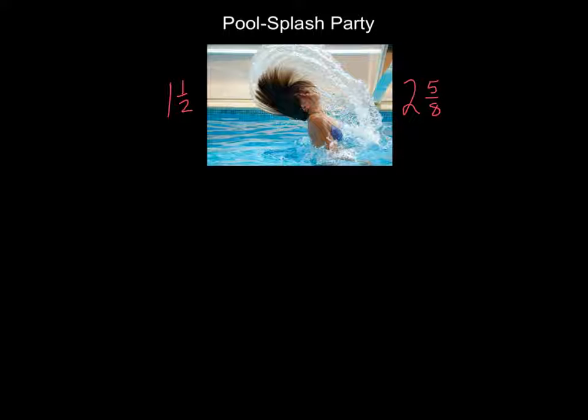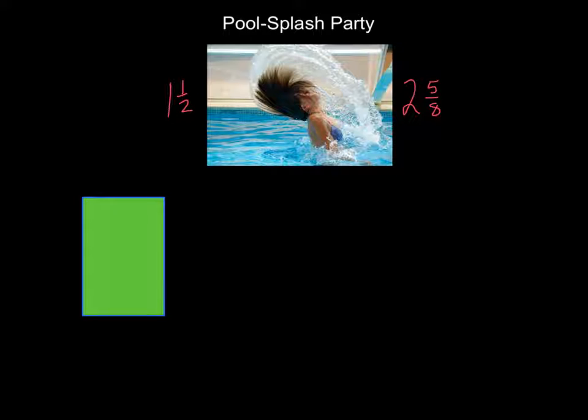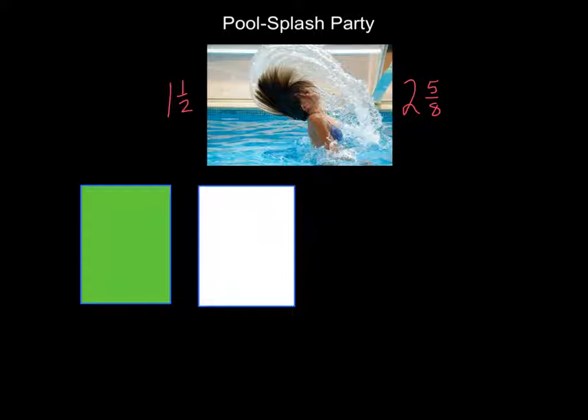First, I'm going to illustrate the 1.5 miles. So I'm going to make a box that represents 1 mile, right? And then I'm going to grab another box, and for this box I'm going to make it empty, and this is going to represent the 1/2 mile.